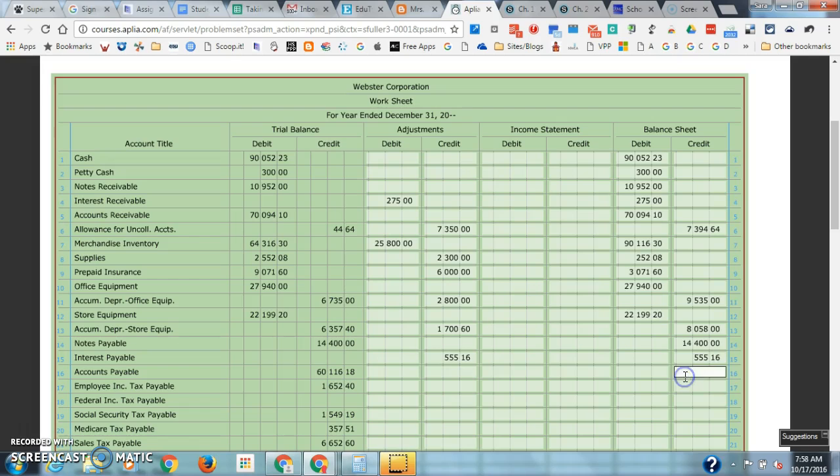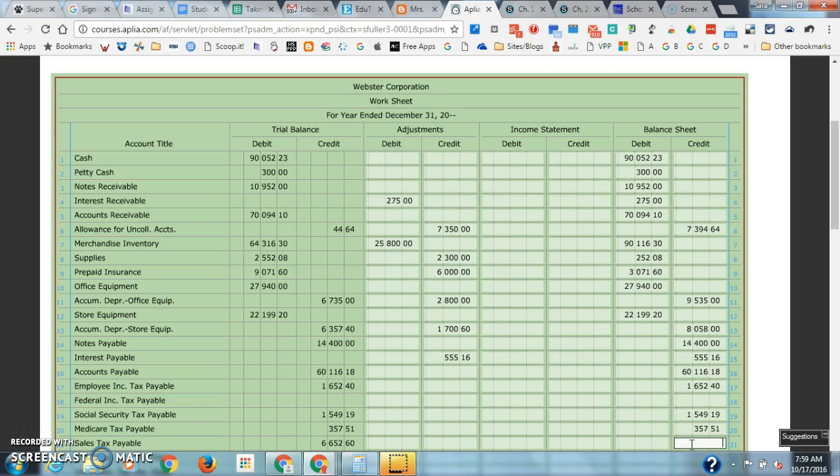Accounts payable, $60,106.18. Income tax, $1,652.40. Social Security, $1,549.82. Make sure that you do skip a line. We won't have anything for federal income tax yet. Medicare tax, $357.51.